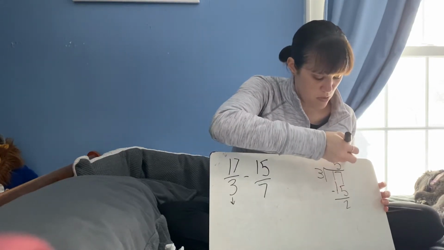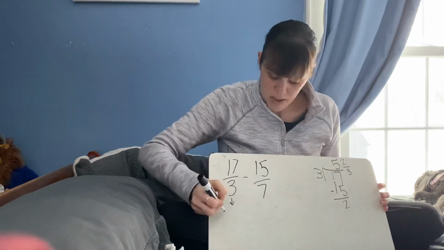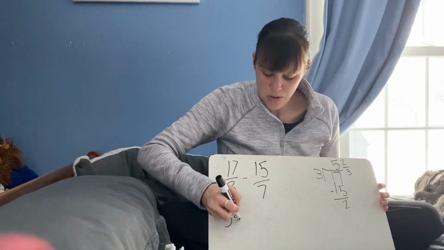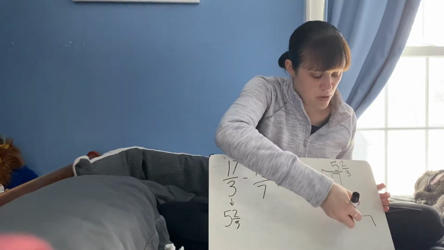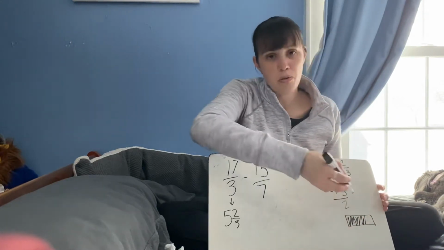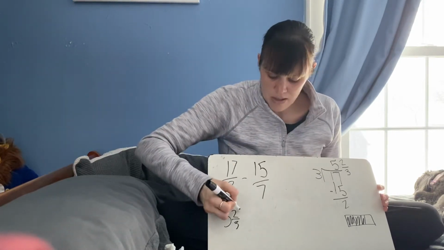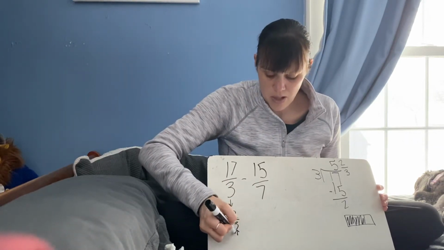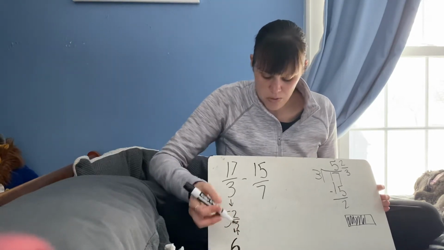Subtract, I have 2/3. So that's 5 2/3. Let's look at 2/3 here. Is that going to be closer to 0 or 1? It's going to be closer to 1. So this kind of looks like 1 whole. So 5 wholes plus 1 whole would be 6 whole.